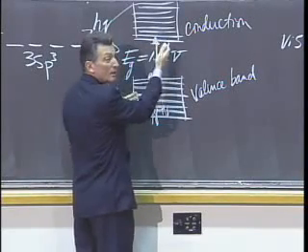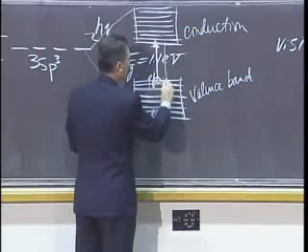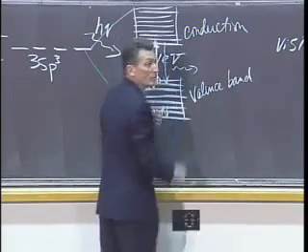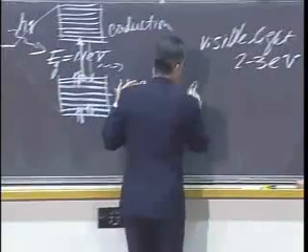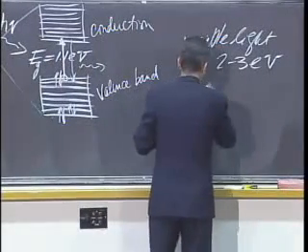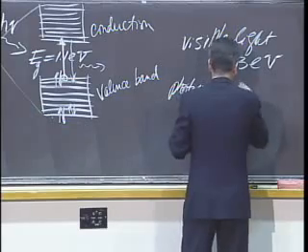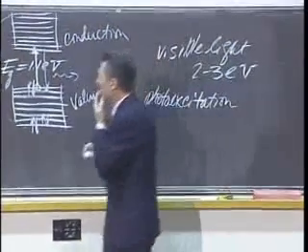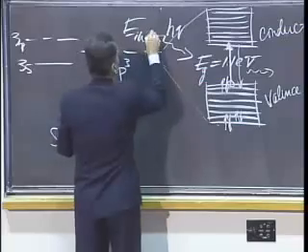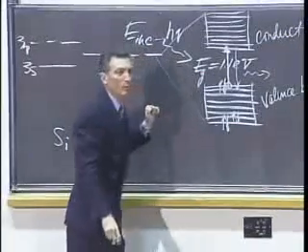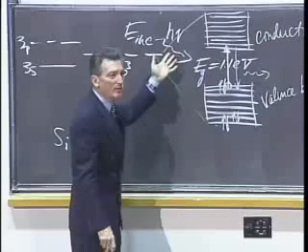So what happens immediately thereafter? The electron falls back down and re-emits. So this is photoexcitation.